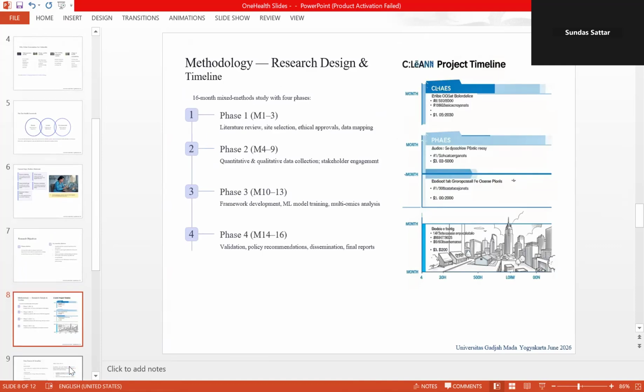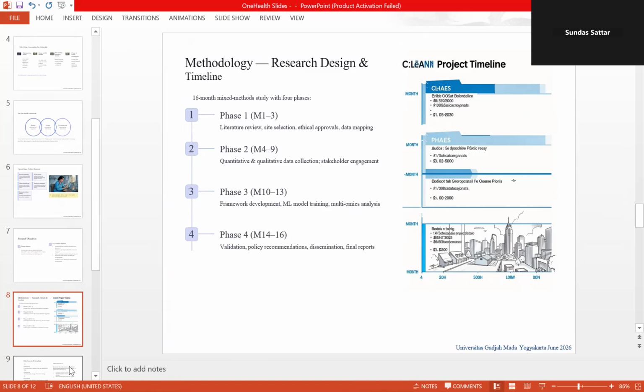This study will use a mixed method design over 16 months. It includes 4 phases. The first phase includes literature review, site selection, ethical approvals, and data mapping.